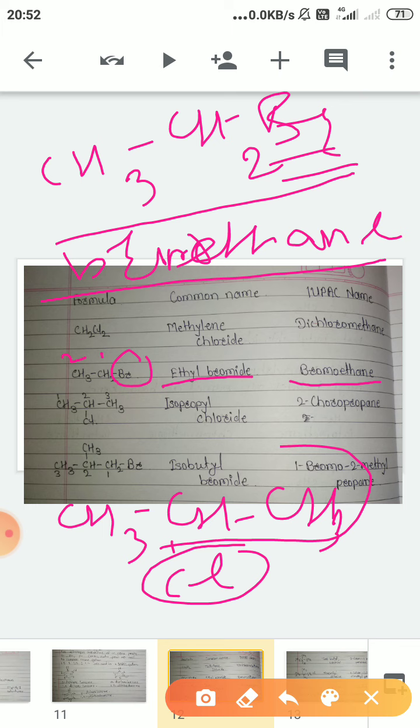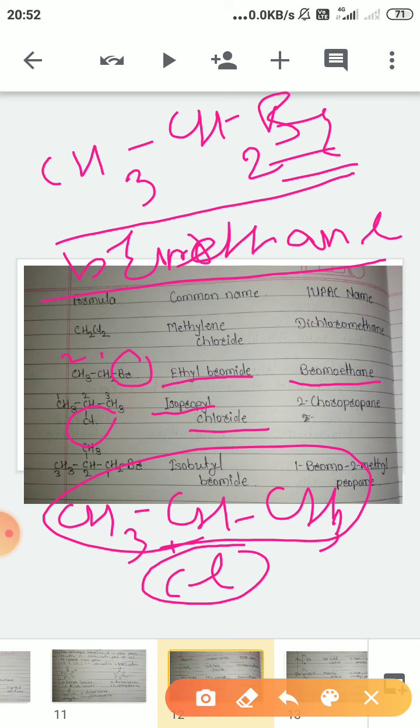Now this group is nothing but isopropyl, and as it contains chlorine as a halogen, therefore chloride. The name of the compound is isopropyl chloride.